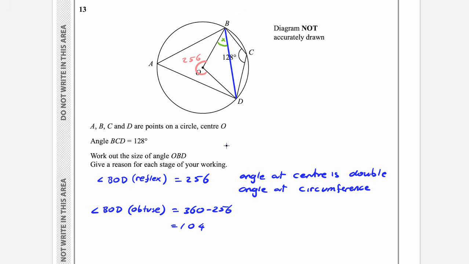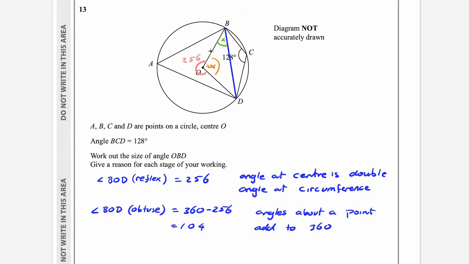Now that is because angles at a point add up to 360. Angles about a point add to 360. And then, okay, so this is 104 here. All right, let's write this in, 104.